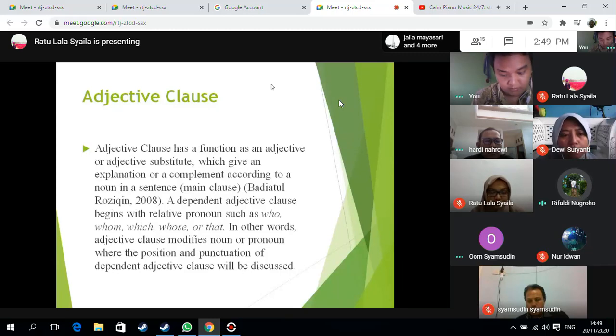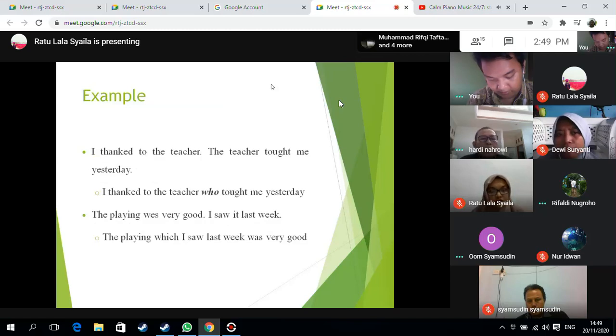In other words, an adjective clause modifies a noun or pronoun, where the position and punctuation of the dependent adjective clause will be discussed. For example, I thank the teacher. The teacher taught me yesterday, and it will be: I thank the teacher who taught me yesterday.